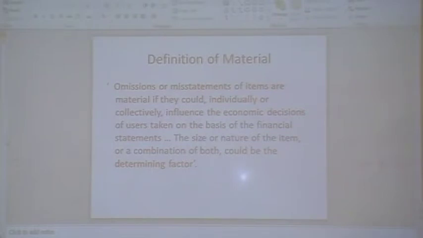The size or nature of the item, or a combination of both, could be a determining factor. If you can remember the definition and maybe give the little examples, showing how 50,000 affects a small company with a profit of 60, but for a company making a 10 million profit, 50,000 won't affect them at all. And on the next page, it gives a little chart.